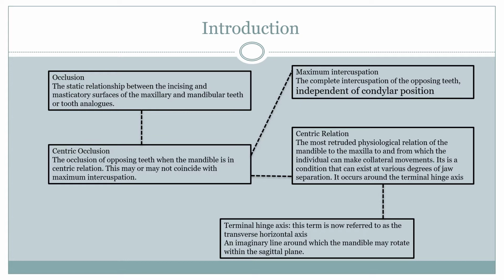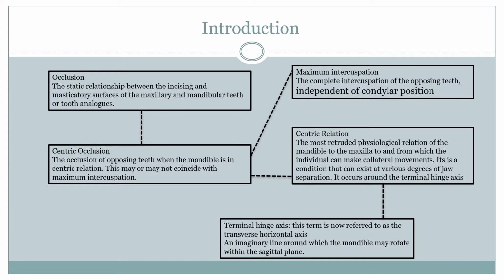So what happens in maximum intercuspation? It is the complete contact of both your upper and your lower teeth, and it is independent of the condylar position. You know that the mastication that occurs between the upper teeth and the lower teeth works together with the temporomandibular joint, right?